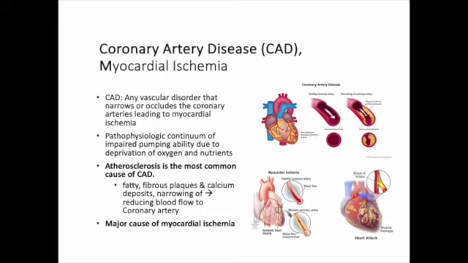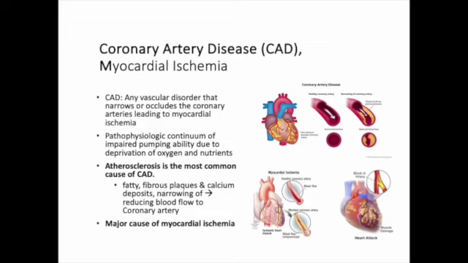You're going to hear me say this several times during our presentation to help you remember. Ischemia can last under 20 minutes before we have permanent damage to the cell. Once it goes over 20 minutes, we're going to have permanent damage. In the continuum, CAD led to myocardial ischemia, and this is where ischemia is leading to infarction.